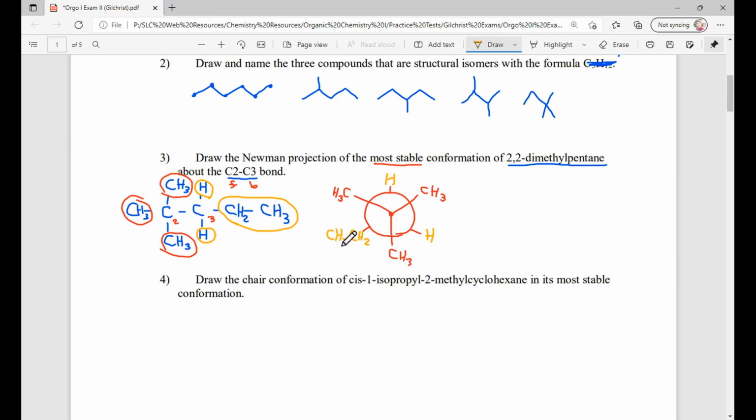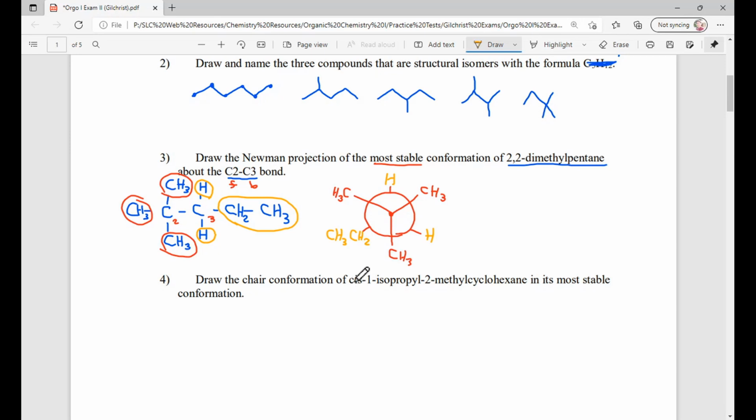It would be incorrect to put CH3 on the inside. Okay. So now, this problem is actually pretty easy because the front carbon has three identical groups. As long as it's staggered, the most stable conformation is going to be this.